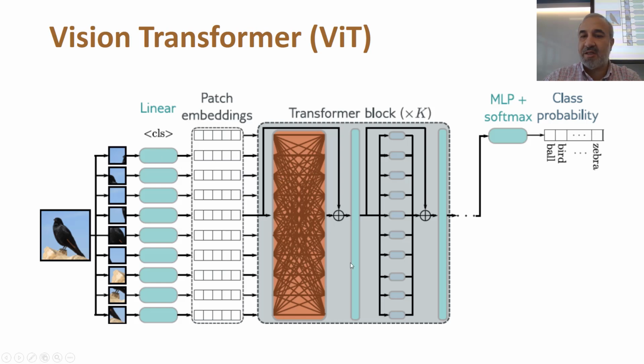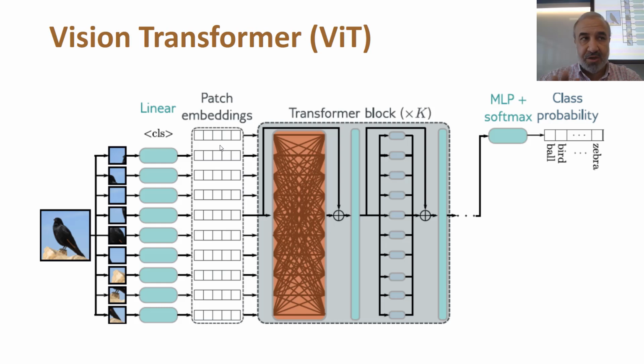But other than that, this is a transformer block as usual, which is the encoder stack. And then here the CLS token was used for classification. So it's a very similar architecture, except at the beginning we have patches and a linear layer before the embedding layer.